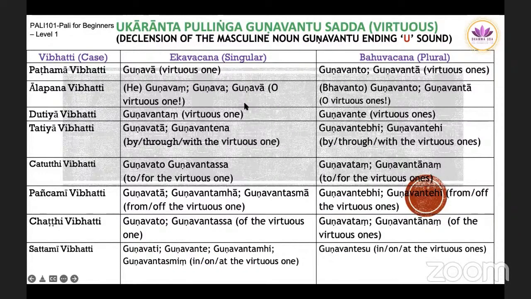In Sri Lankan tradition, we use it with closed a. For example, many people pronounce my name as Sumita or Dhammananda or Gunananda, but in our country we pronounce it as Sumita, Gunananda, Dhammananda.